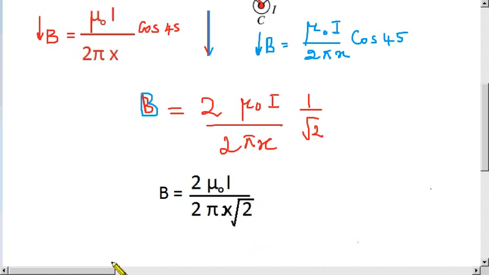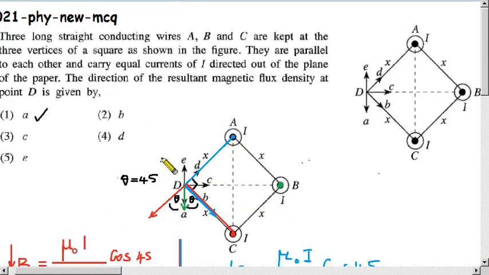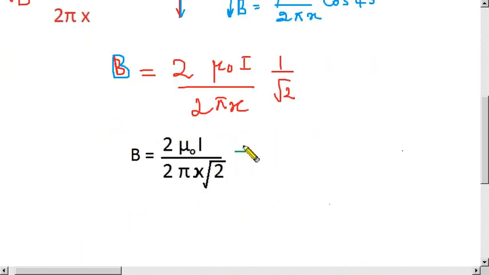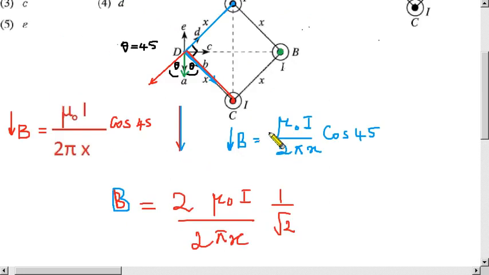Now let us take the green one, this one we have to add to this term. So this B, green B, that also the equation is this one.